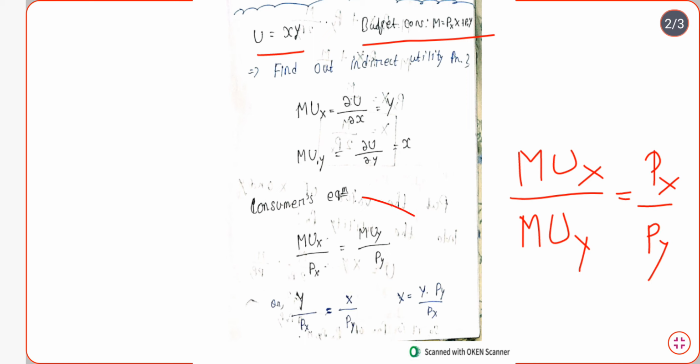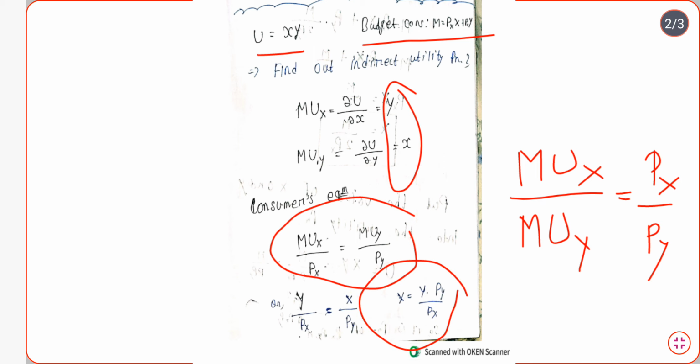Here we have written that same thing, but with a little bit of modification. Now just putting the values of mu x and mu y from these obtained values, we get x equals y into py by px.